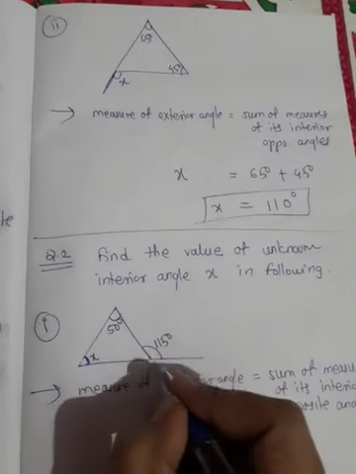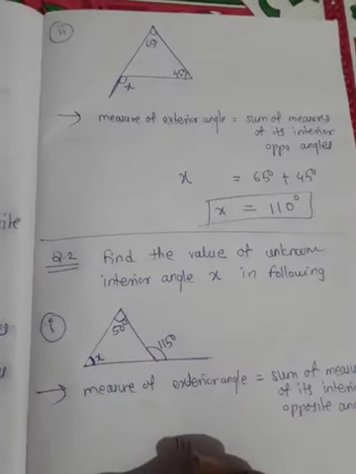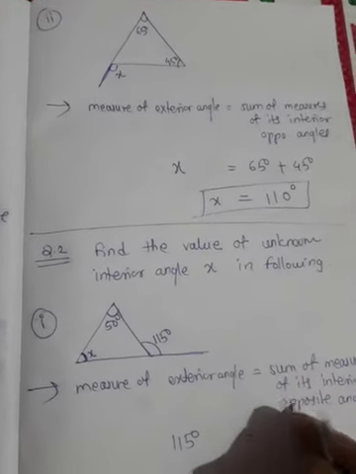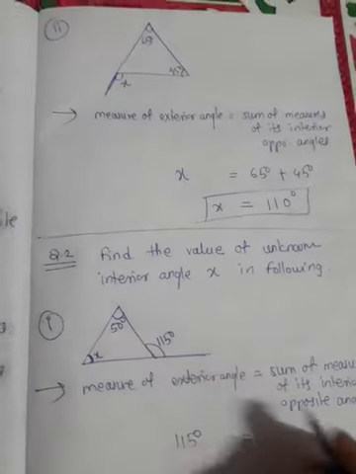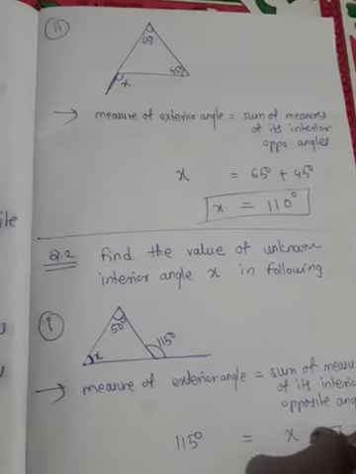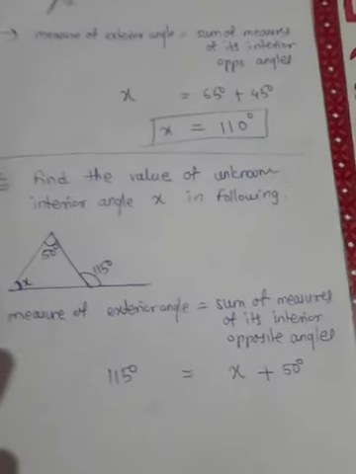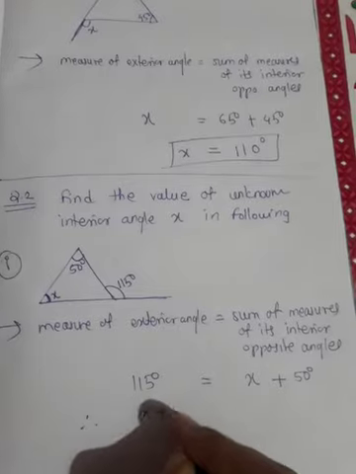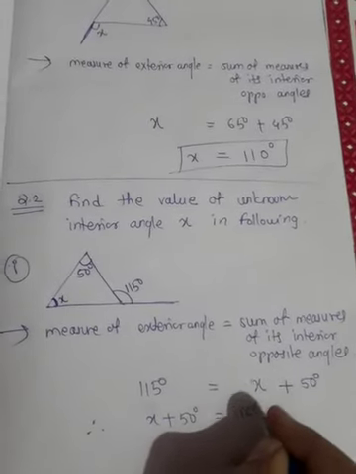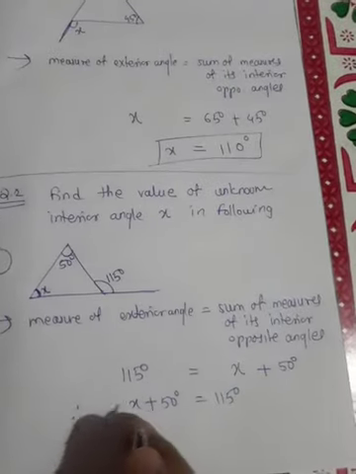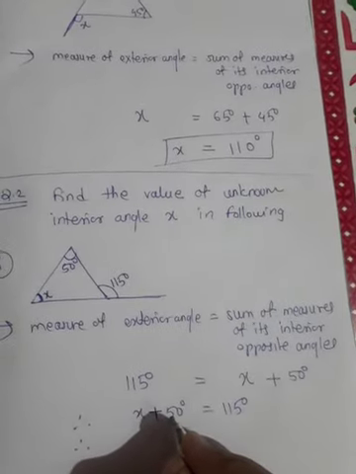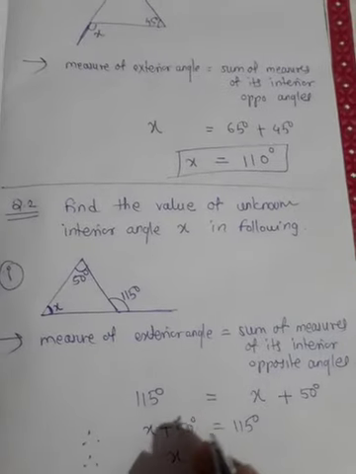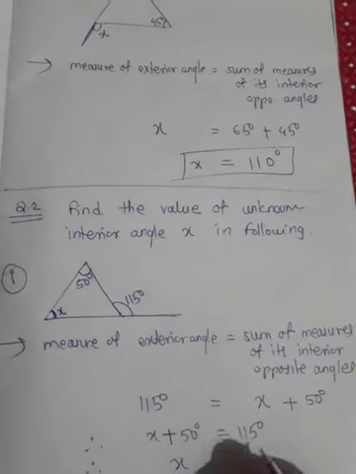Okay, so here see measure of exterior angle. You know this is exterior angle and its measure is 115 degree. That is equal to sum of measures of its interior opposite angles. So these two are interior opposite angles and its sum gives x plus 50 degree. Now to find x, we can write this equation: x plus 50 degree is equal to 115 degree. To remove this 50 degree we transpose it on RHS, and transposing it gets minus.